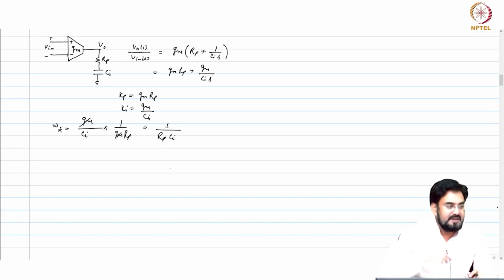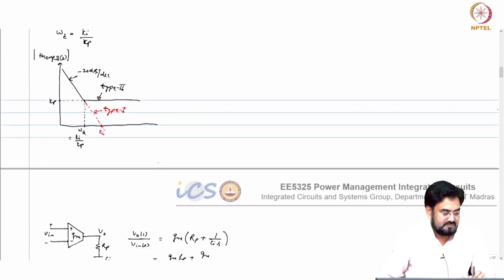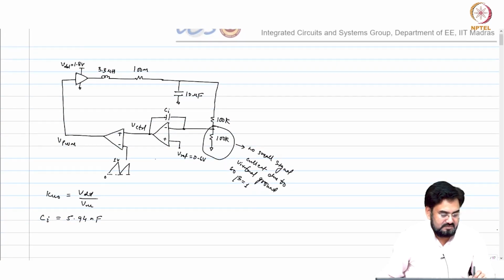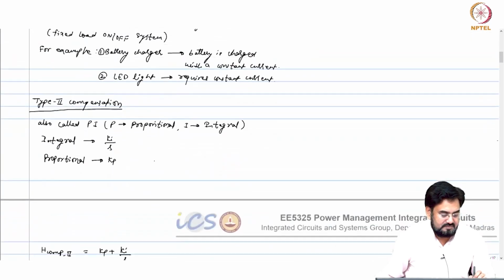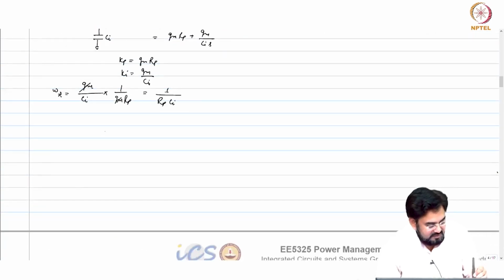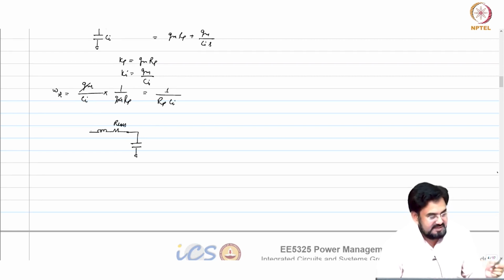So if I want to write the complete loop gain transfer function, let me just quickly draw the small signal model. We already know the worst case is no load, so I am not having any load here.